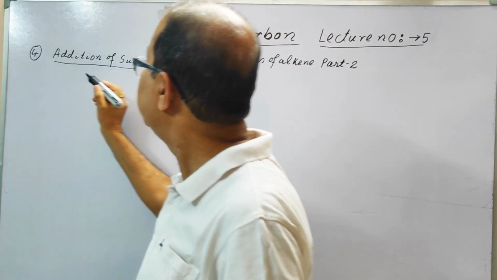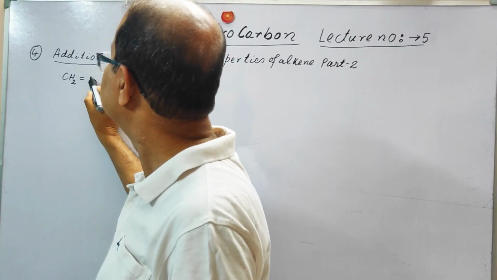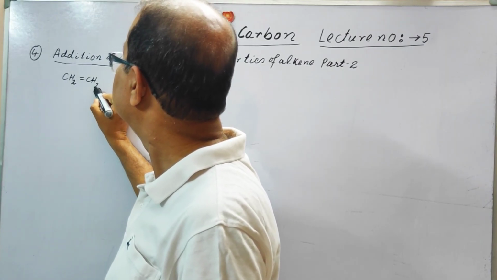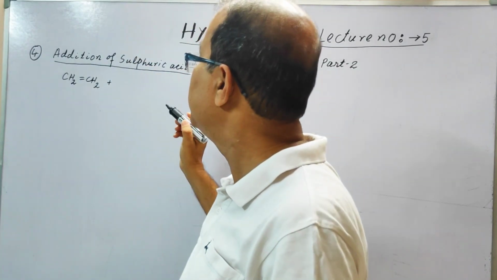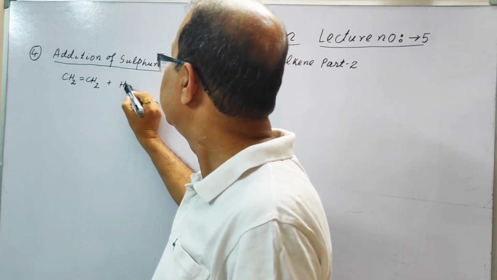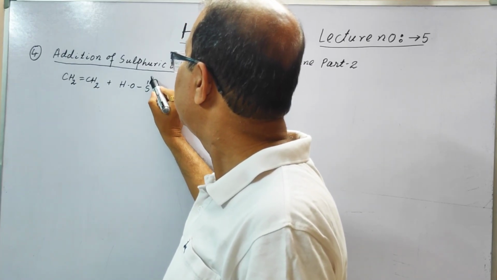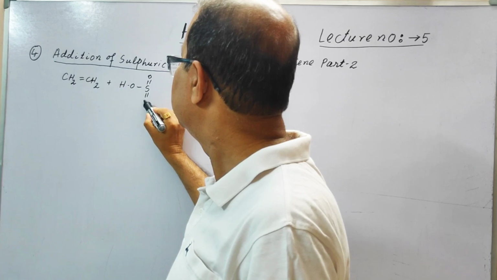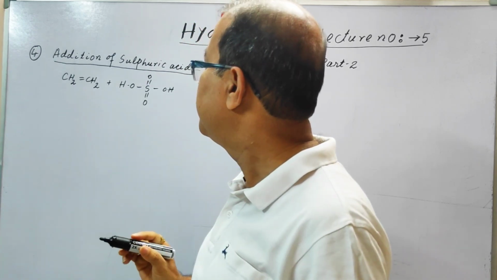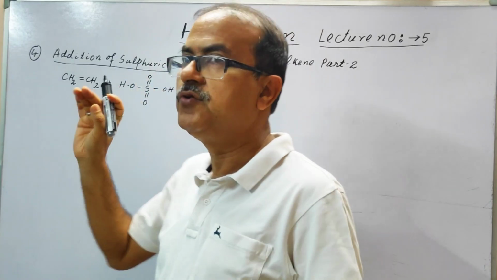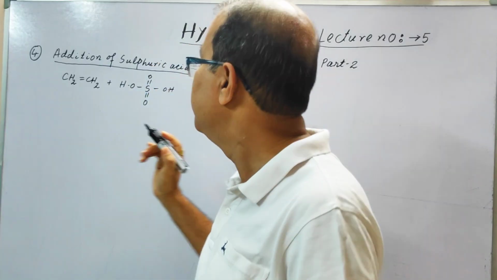So let us have a reaction on this. We are taking alkene, and for understanding how this addition reaction is going on, we are taking the structure of the sulfuric acid. Here you can see our sulfuric acid has 2 parts: one is the positive, that is the electrophile part, and the negative part.